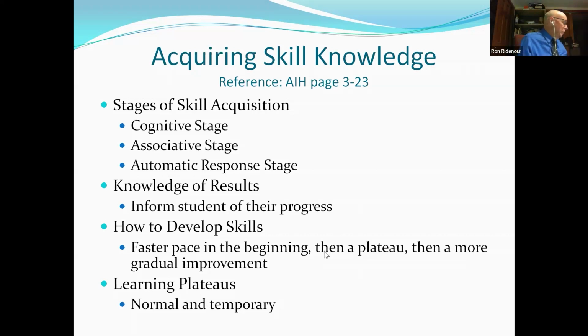And the automatic response stage is a byproduct of practice. Basically, you develop an automatic response to a maneuver, and you do it because of practice. Again, I'll use the analogy of flying on tow. Those of us who have flown on tow many, many times don't even think about it, and it's hard to put into words exactly what we're doing.